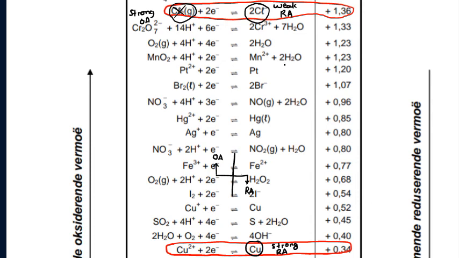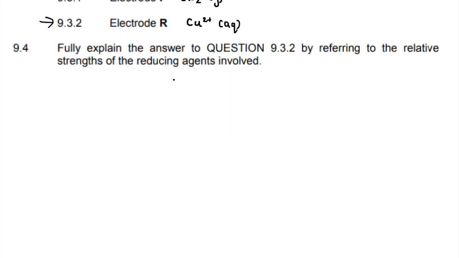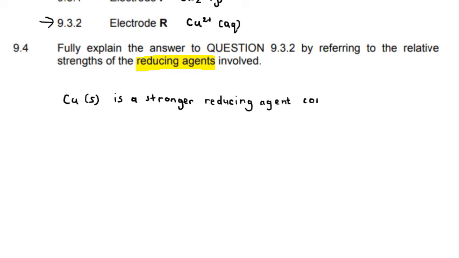So to put it in words, remember that we had to comment on the relative strength of the reducing agents. From what we just saw, solid copper is a stronger reducing agent compared to the Cl minus ions.